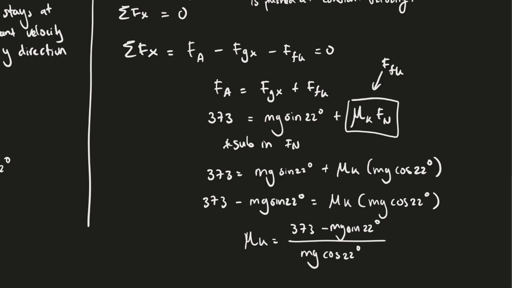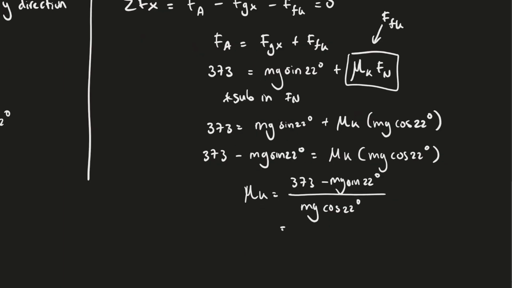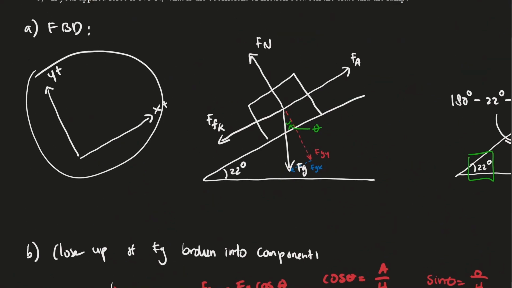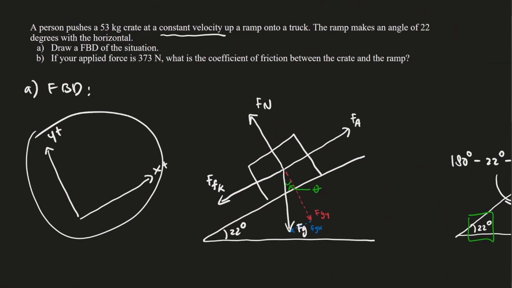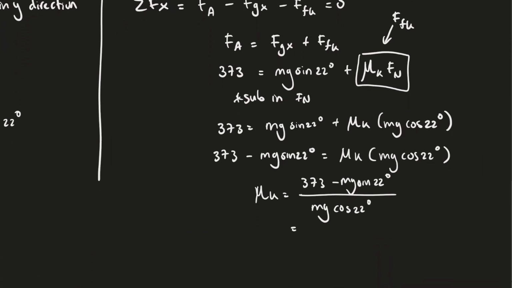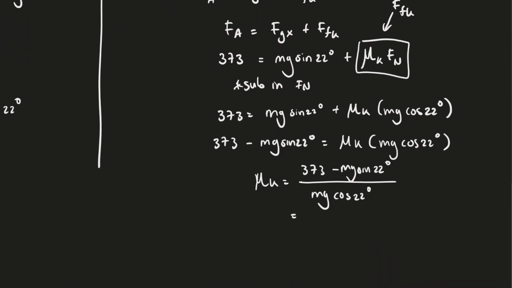Now mg we already have. The mass we were given earlier, I believe, was 53 kilograms. Yes, it says 53 kilograms. And g is the gravitational constant of 9.8. So here we have everything, and if we plug everything in, we should get the answer.